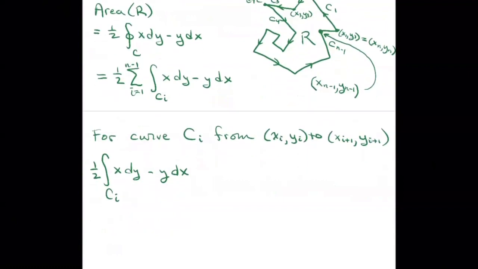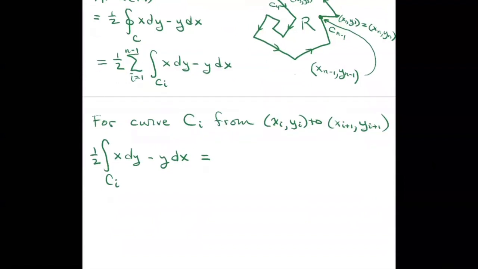Well, you'd have to parameterize Ci to do that. Basically Ci would be parameterized the way we parameterize any line. You'd have an r of t equal to r0 plus (r1 minus r0) times t.